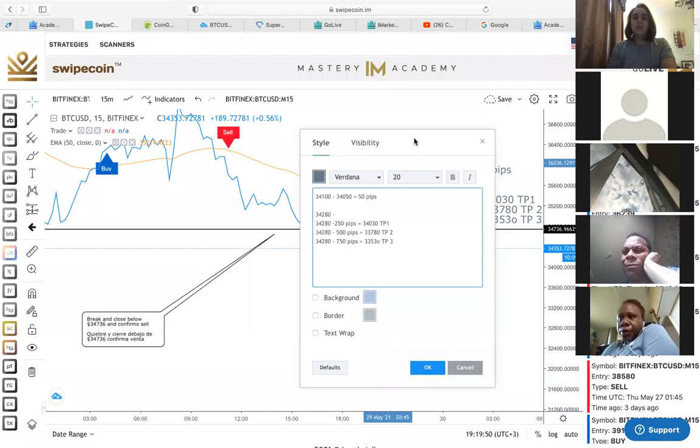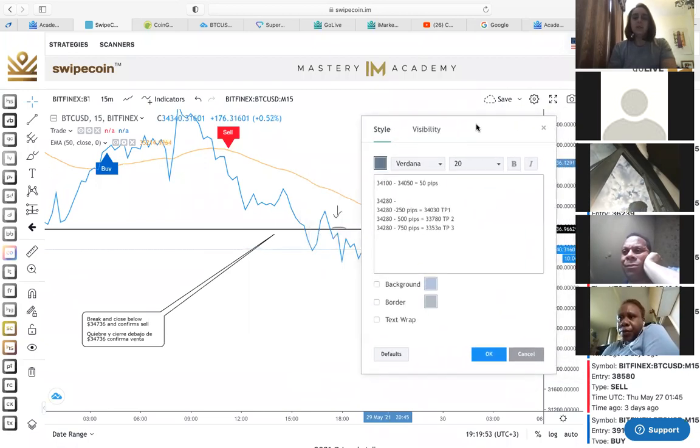Now, what we do is, at least you want to take your trades for a minimum of a 1-to-1, right? Which means that your stop loss should be no more than the 250 pips that you're going to take for take profit 1.